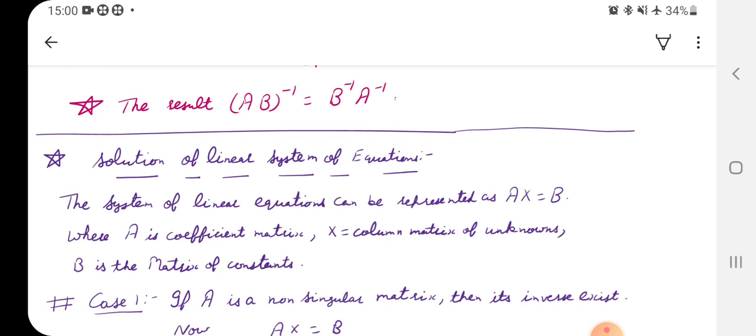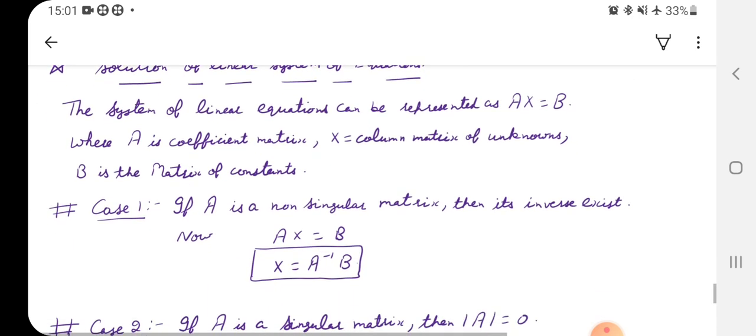You all know how we can write the system of linear equations as AX equals B, where A is the matrix of coefficients, B is the column matrix of constants, and X is the column matrix of unknowns. So with the help of this representation, we will find the solution of a linear system of equations.